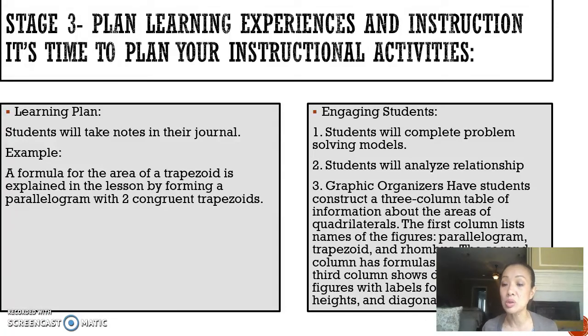The third column shows a drawing of a figure with labels for their bases, heights, and diagonals. So again, these are types of instructional activities that I chose based on my desired result and assessing my students. I think these activities will enhance the desired outcome that I want the students to have.